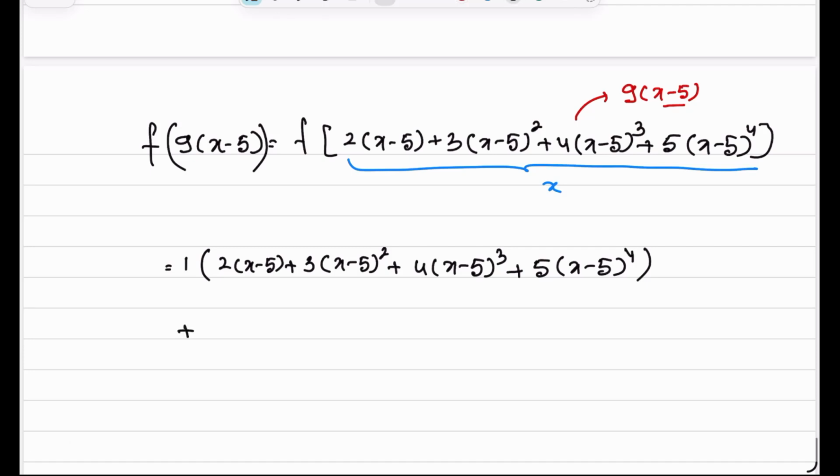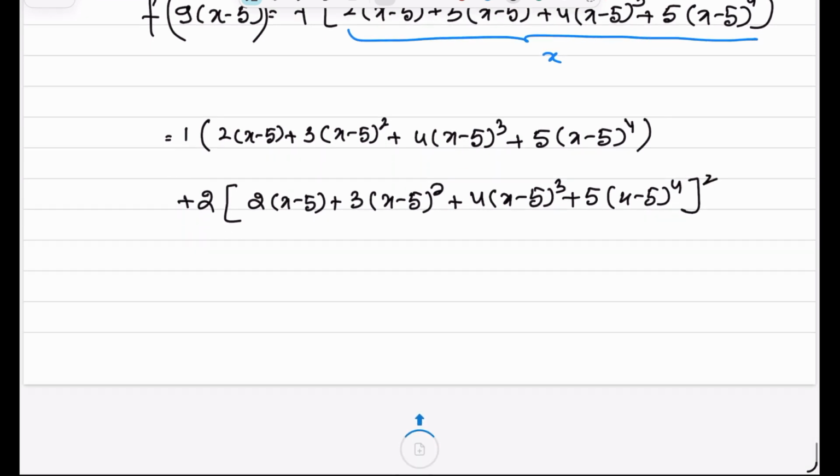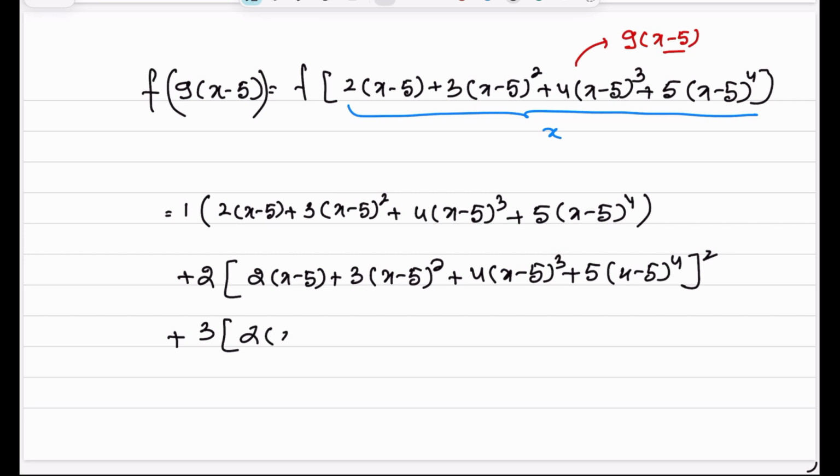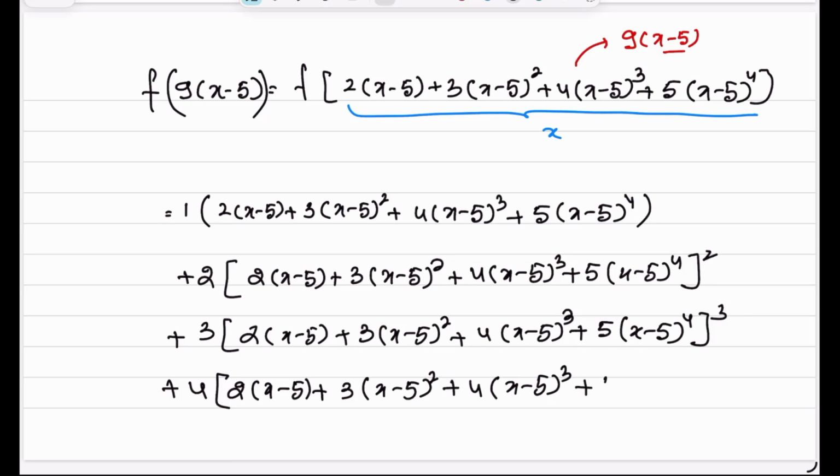This is equal to the first term, plus 2 into the whole expression squared, where the expression is 2(x − 5) + 3(x − 5)² + 4(x − 5)³ + 5(x − 5)⁴. Plus 3 into the same expression cubed, plus 4 into the same expression to the power of 4.